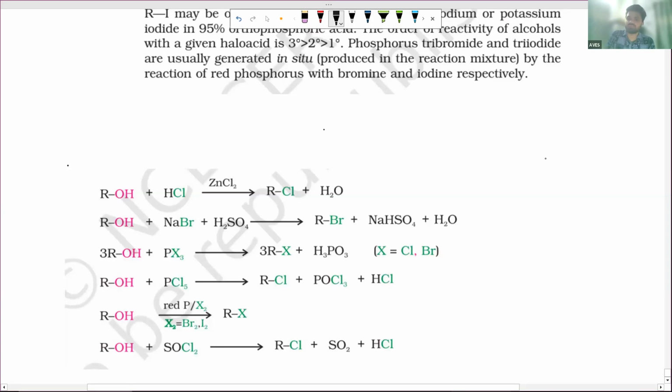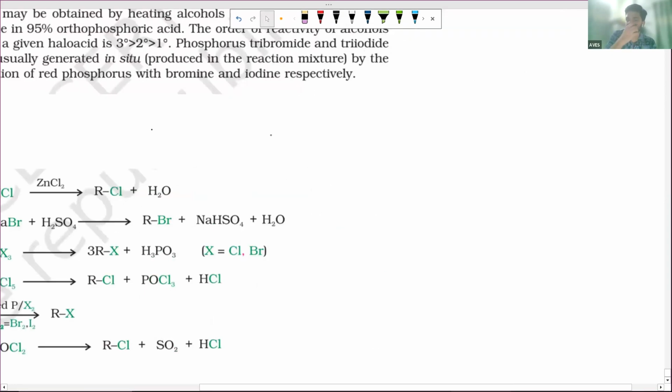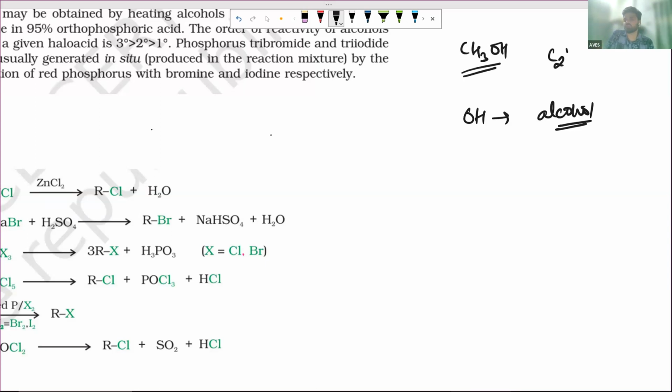OH is a functional group which is known as alcohol. If any hydrocarbon ends with the group OH, like CH3OH, it is a one carbon alcohol. If it is C2H5OH, it is a two carbon alcohol.